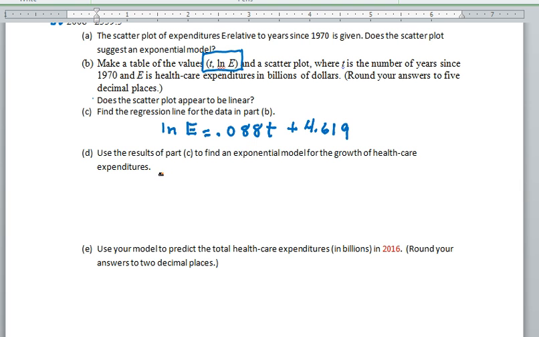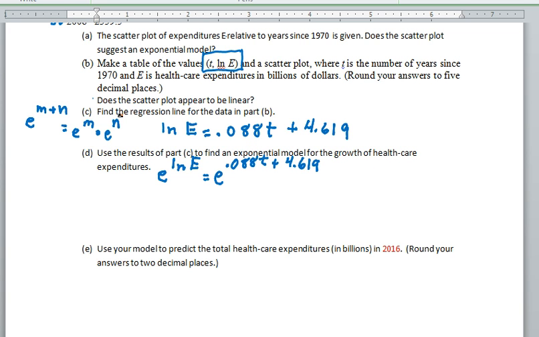So we have e to the ln capital E, representing the expenditures, equals e to the 0.088t plus 4.619. And we know that e to the power m plus n equals e to the m times e to the n.